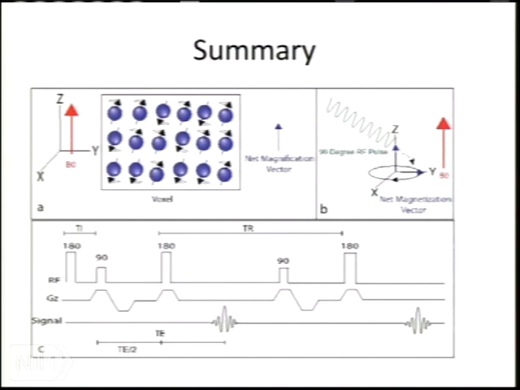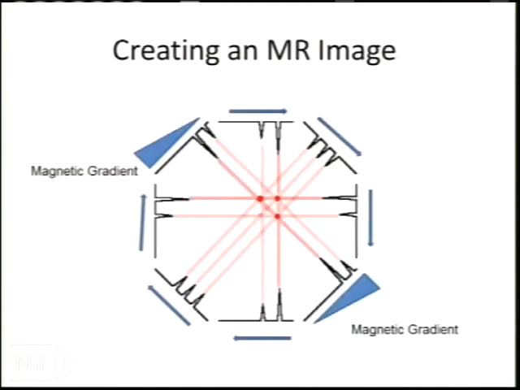And then as they recover, you get the signal back. And you can get these very complex pulse sequence diagrams that I won't go into. But the bottom line is, by applying a combination of radio frequency pulses and magnetic gradients, you can define where and how you're going to image a particular object.